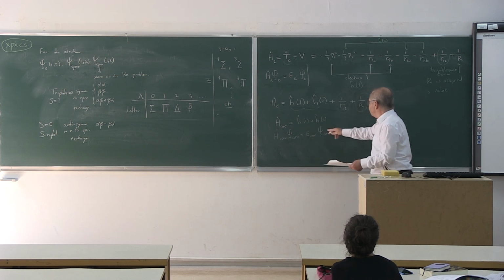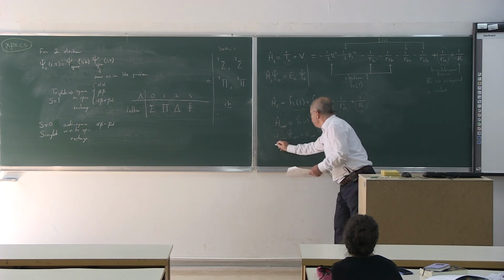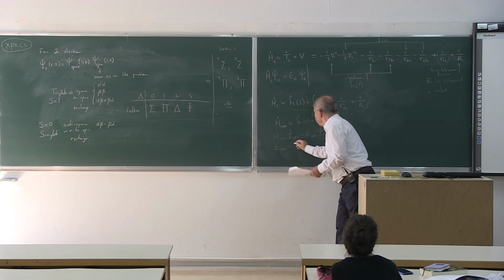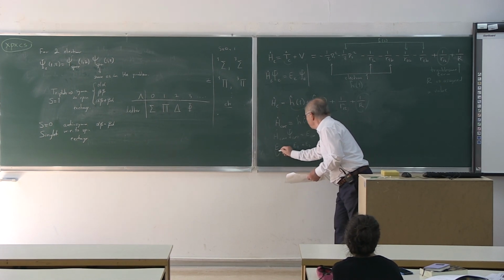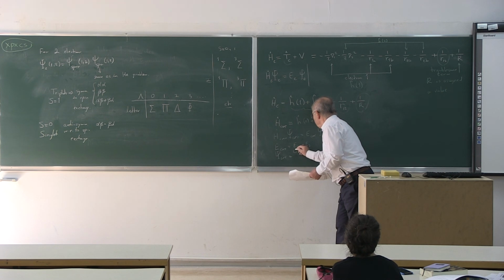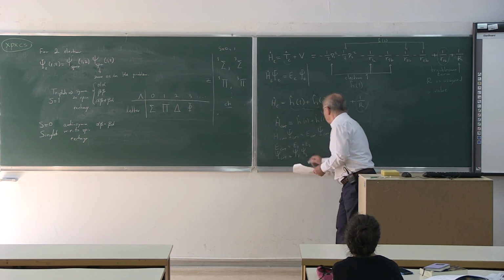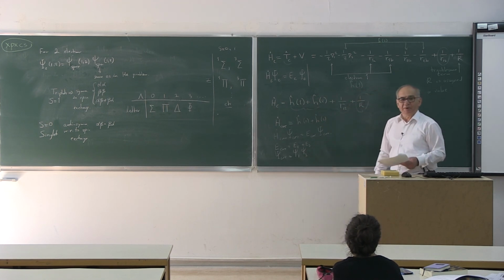And the energies, E core is energy of electron 1 plus energy of electron 2, and psi core is an orbital psi 1 for the first electron times another orbital for the second electron.